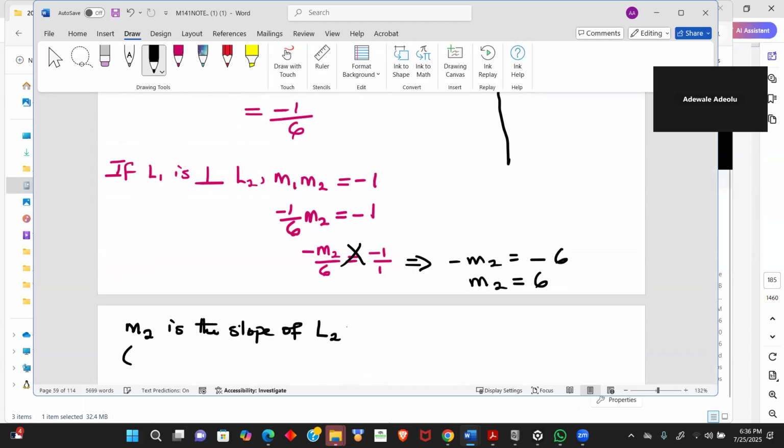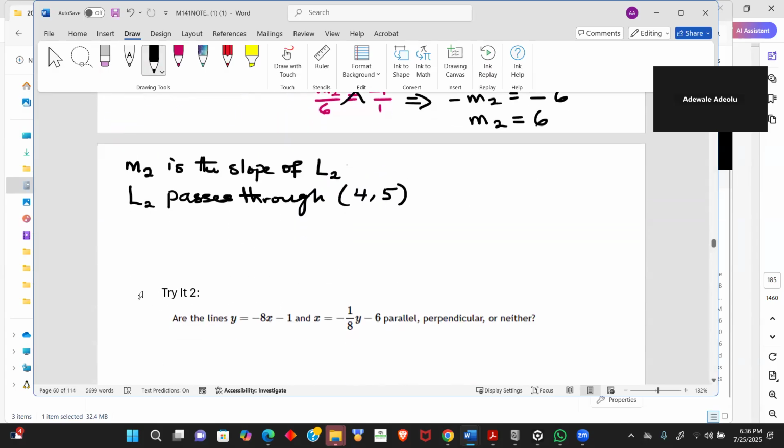Now, we know that line 2 passes through the point 4, 5. Now, if that is the case, here we know that m2 is 6, right? So we have everything. So again, use your point slope form.